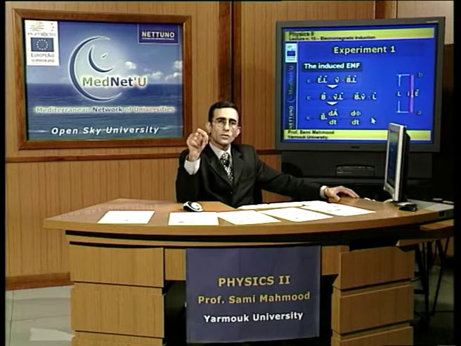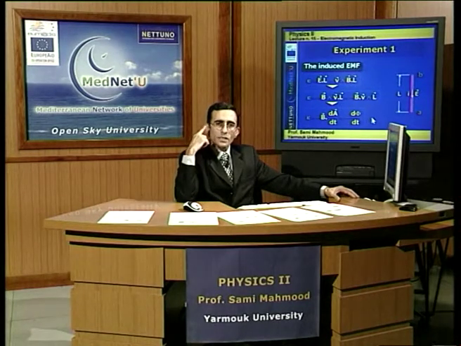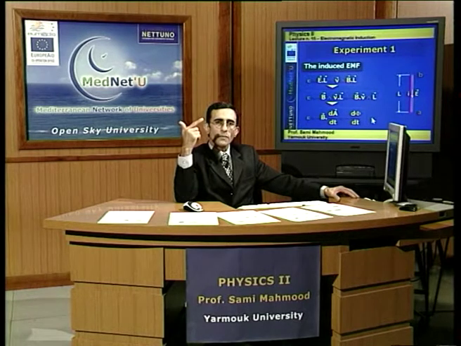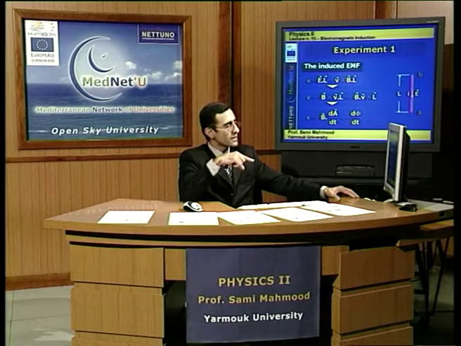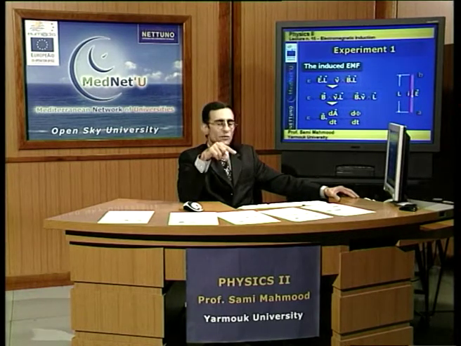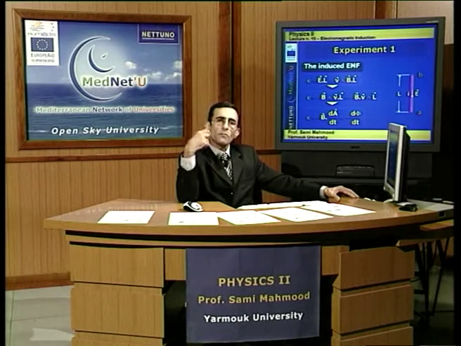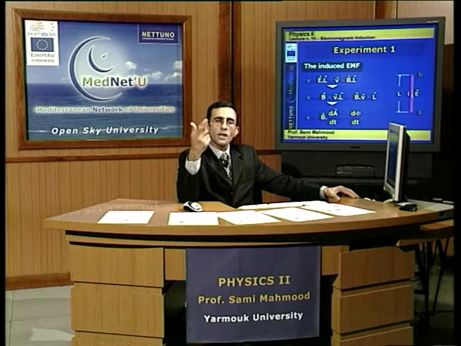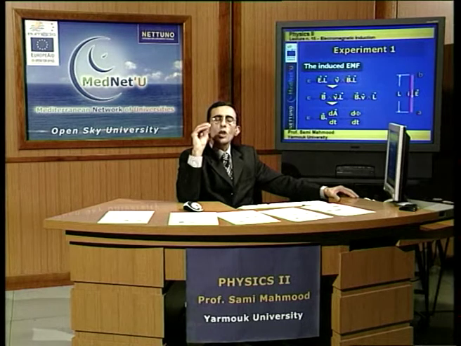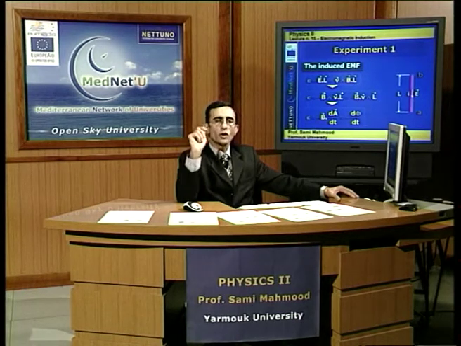So as you notice, we can look into the problem as an electromotive force produced by the changing flux. There is an electromotive force that is a result of the flux, and we arrive at this result from the basic concepts that we have learned concerning the force that a magnetic field exerts on a moving charge.